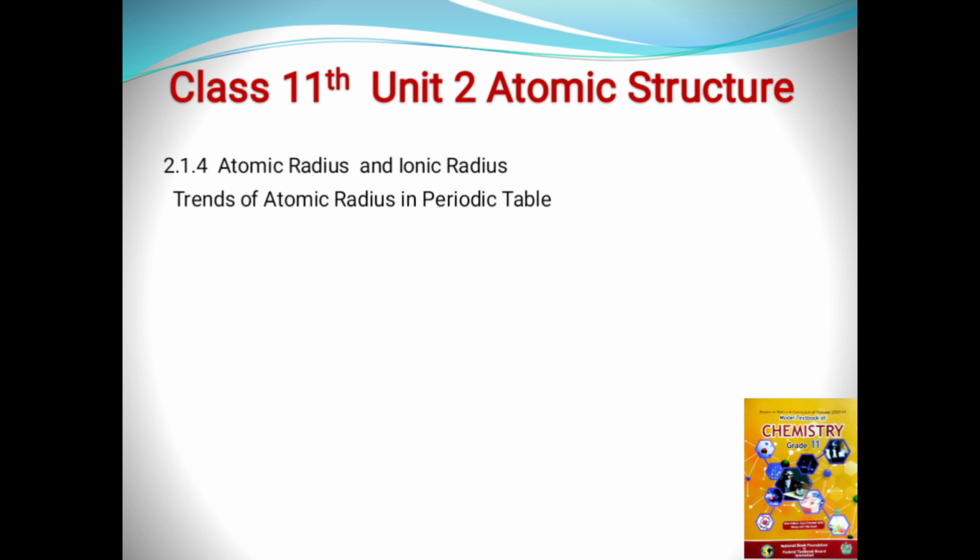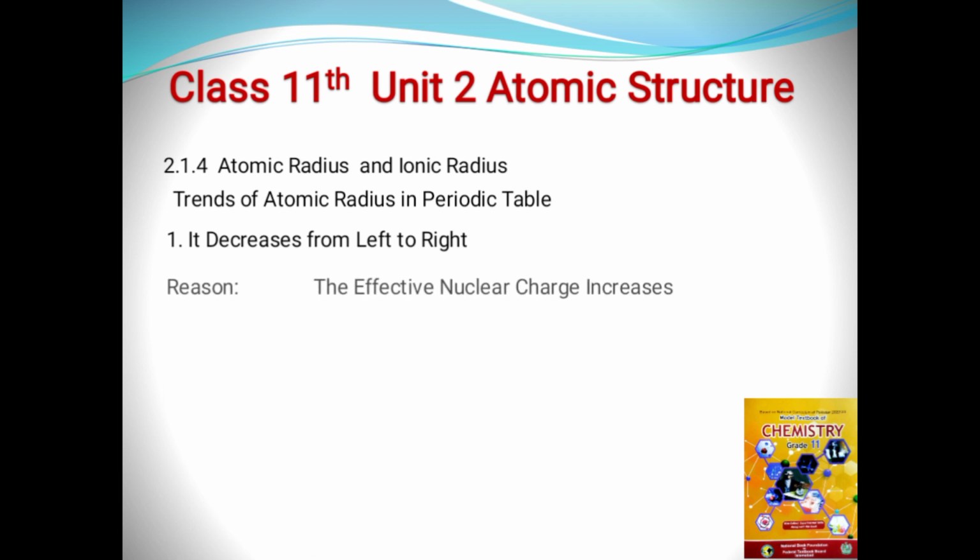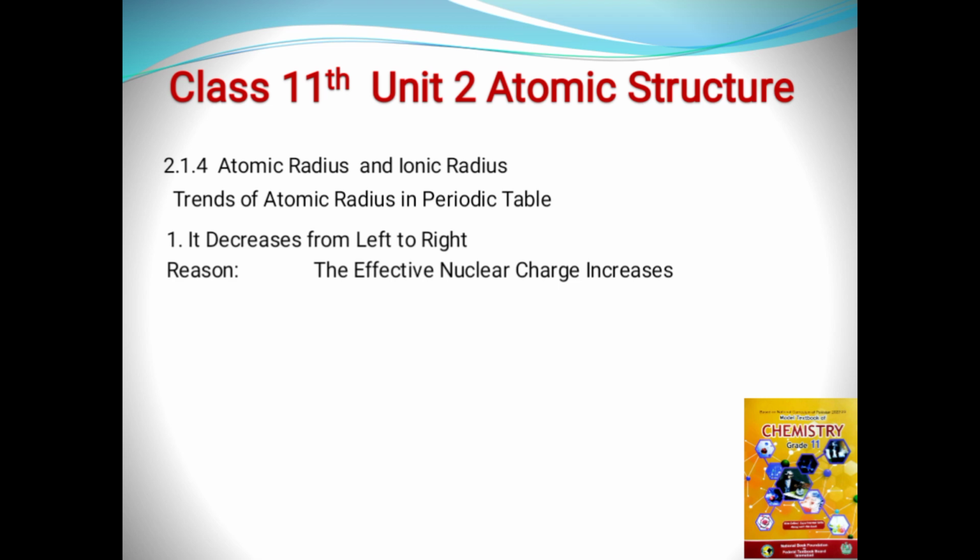Trends of atomic radius in the periodic table. Number 1, it decreases from left to right. As we move from left to right in a period, the atomic radius decreases, and the reason is that effective nuclear charge increases.